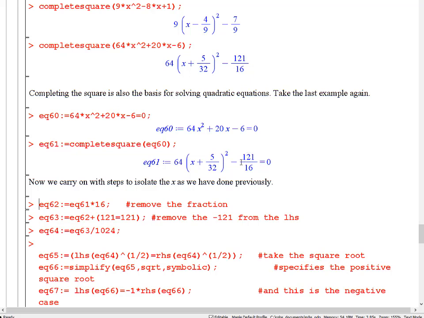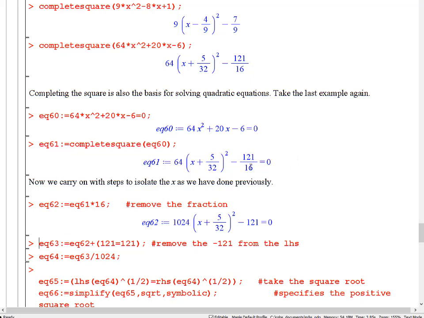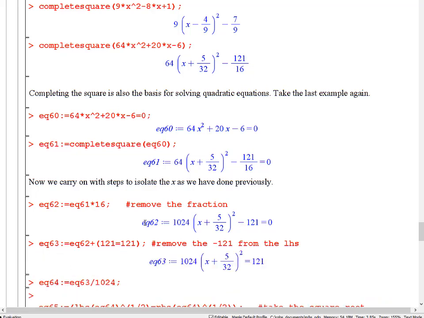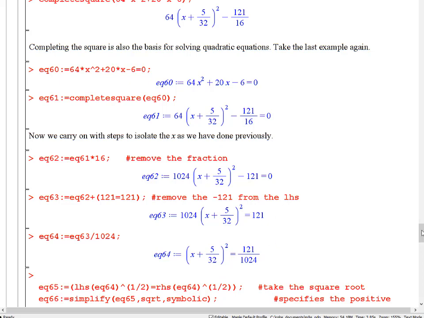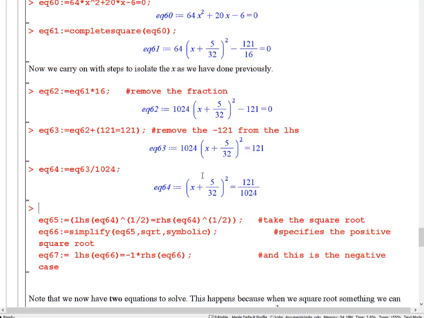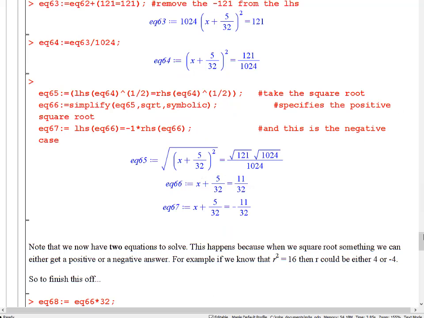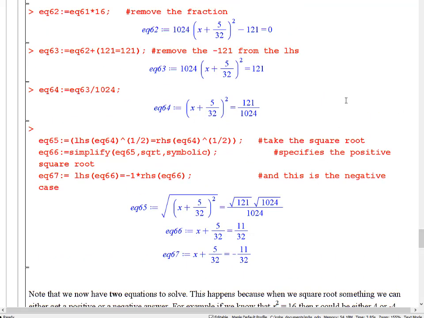So if I remove the fraction by multiplying by 16, then add this to both sides, then divide by 1024, this, then take the square root of both sides, so you have x plus 5 over 32 has got to be equal to this, or it could be equal to a negative, because there are 2 possible solutions to this.